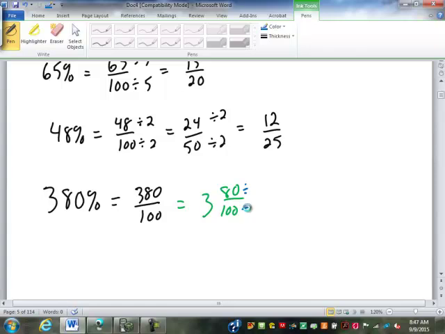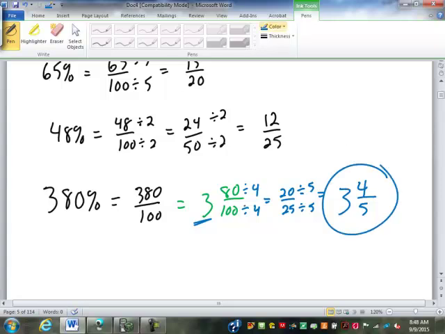Both of those can be divided by, what's that? 4. Okay. So divided by 4, we've got 20 over 25. They can still be reduced by 5. There's 4 over 5. All done? Got to remember the 3. Perfect. So 3 4/5.